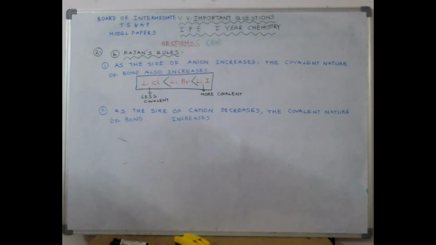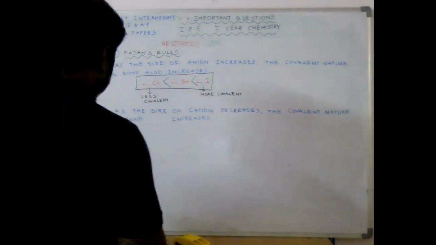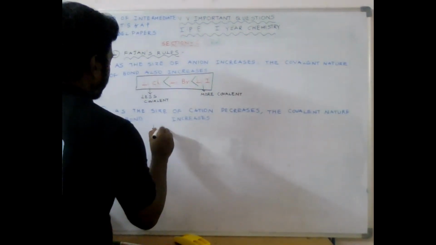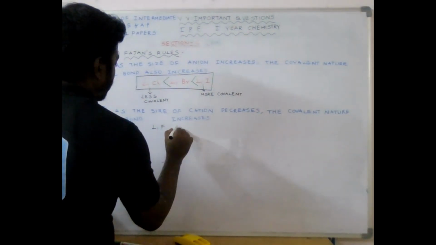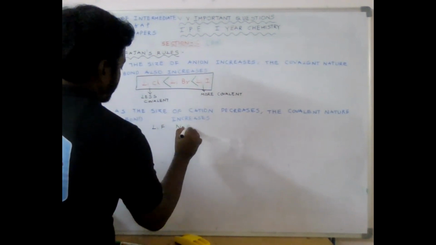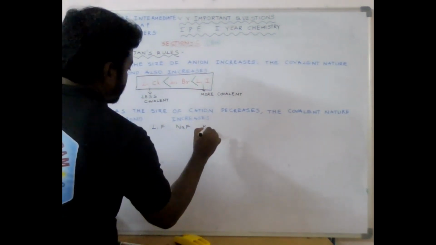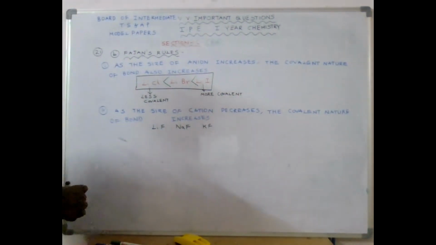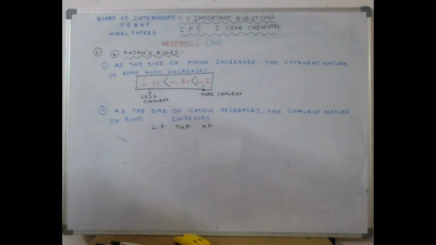So if you take different types of cations here, lithium fluoride, sodium fluoride, potassium fluoride, the anion is the same and the cation is different.